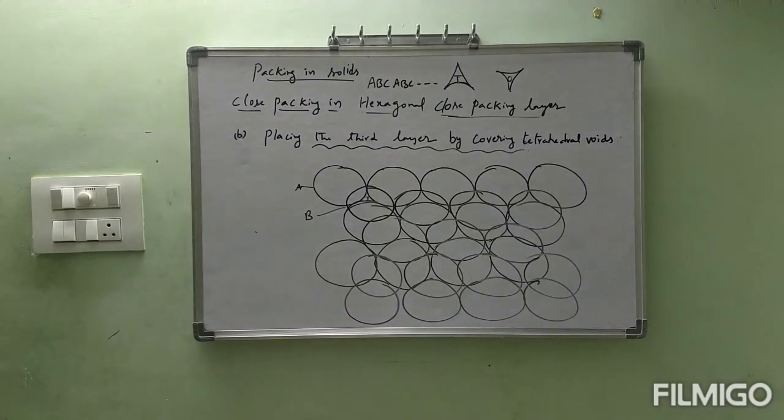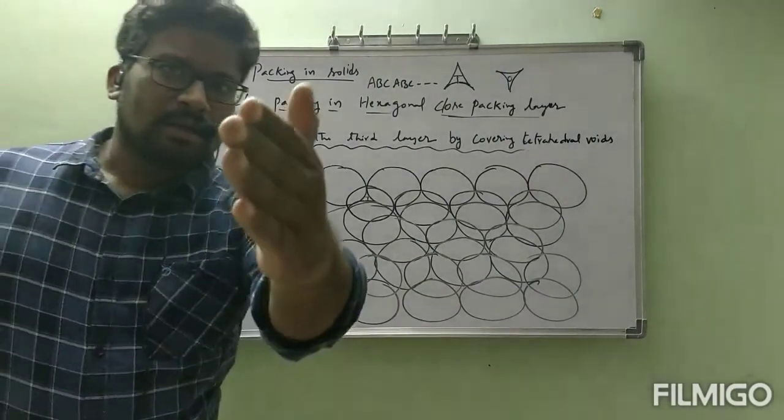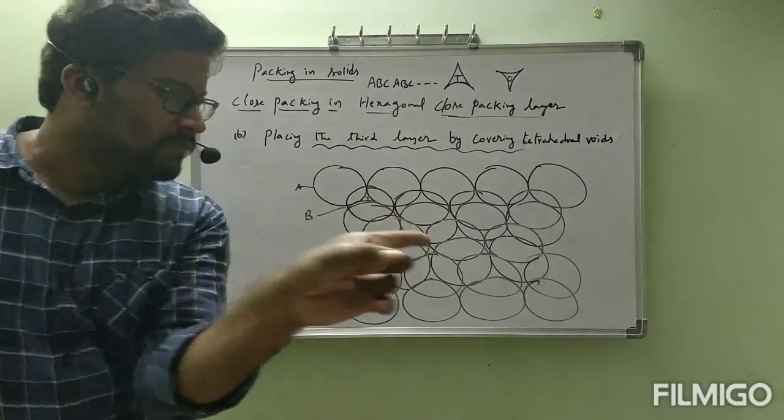What is the heading? Placing the third layer by covering tetrahedral voids. You are seeing this arrangement from this direction. This is the view.